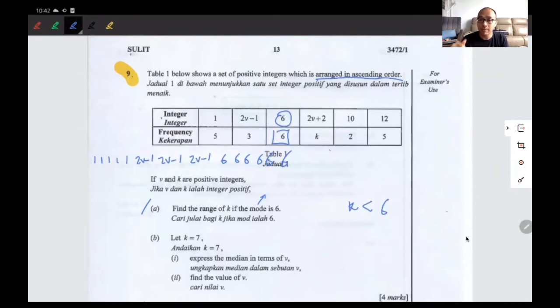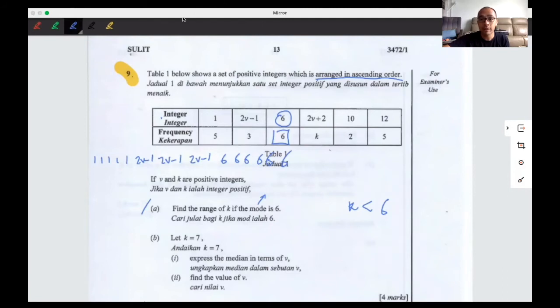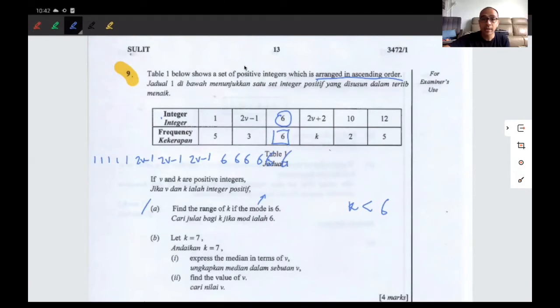Now, if you were to give me this answer, it is still wrong. K kurang daripada 6 masih tidak boleh diterima. Why? Because K less than 6 also means -1, -2, -3. So you have to have a lower boundary. So K is between 0 and 6. Actually 0 cannot lah, must have at least 1 lah. So this is our final answer.